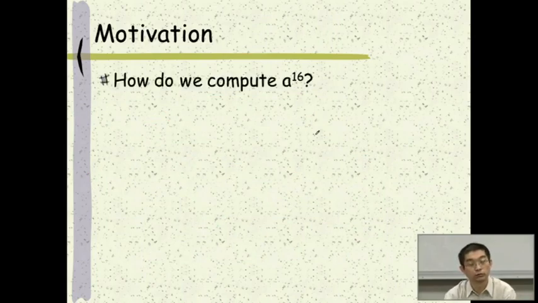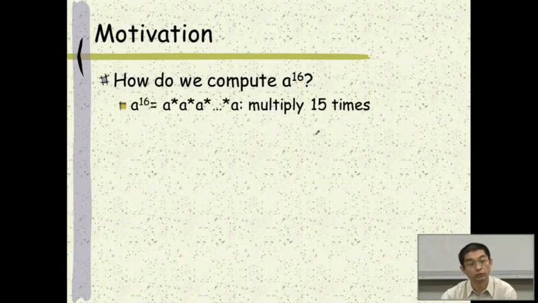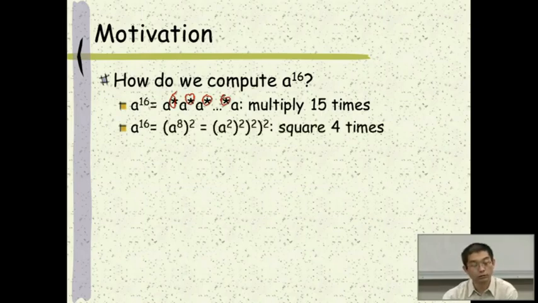First, let's see how we compute a to the power 16. You could say, okay, I'll use 15 multiplications: with 16 a's, I multiply them together with 15 multiplication operators. But you also realize a to the power 16 equals a to the power 8 squared again.